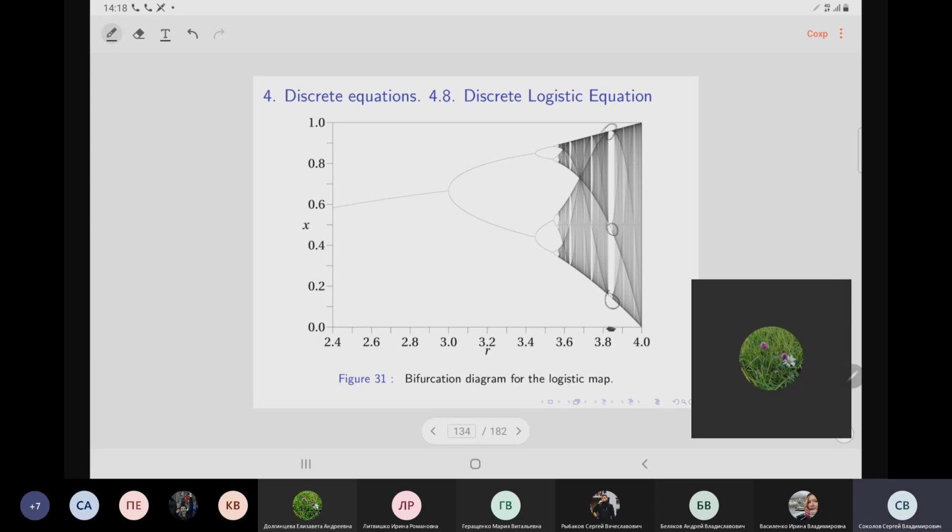And we can see the density of solutions on this plot. So the probability to see the solution in this region is higher than in this region, for example.